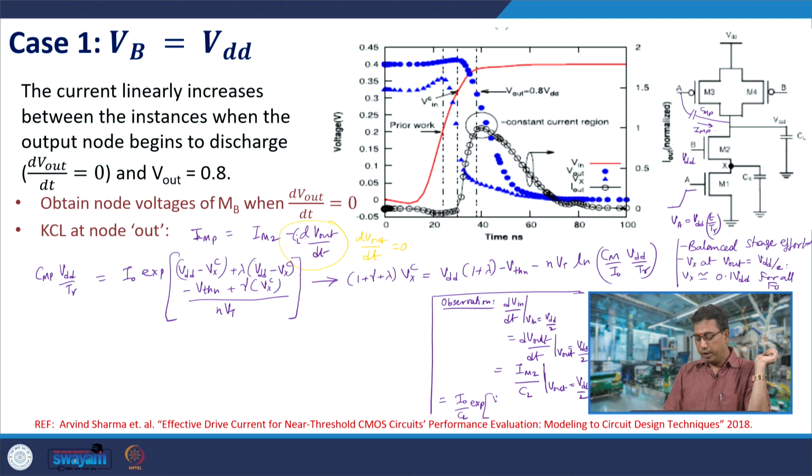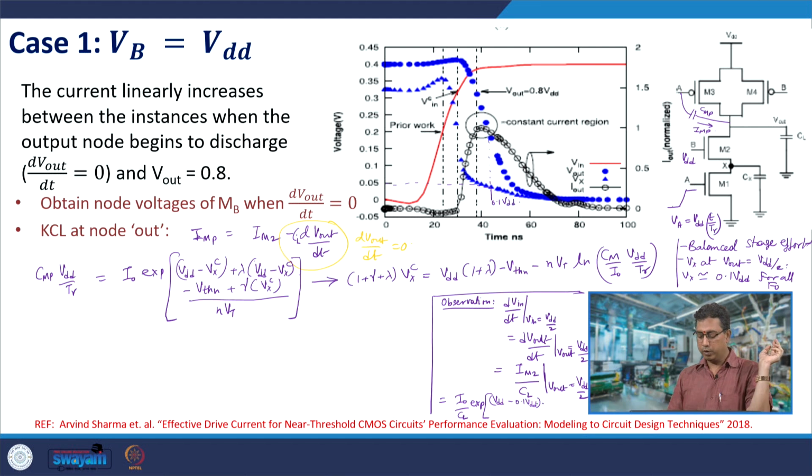VGS is the input VDD minus Vx, which is 0.1 VDD. We are saying this is nearly 0.1 VDD.